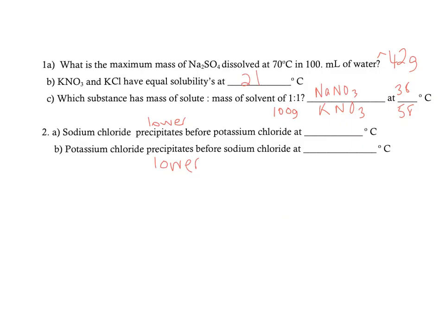So they're equal at about 32 degrees Celsius. Sodium chloride is lower at temperatures greater than 32, and potassium chloride is lower at temperatures less than 32. So this is basically how you use solubility tables, solubility curves rather.